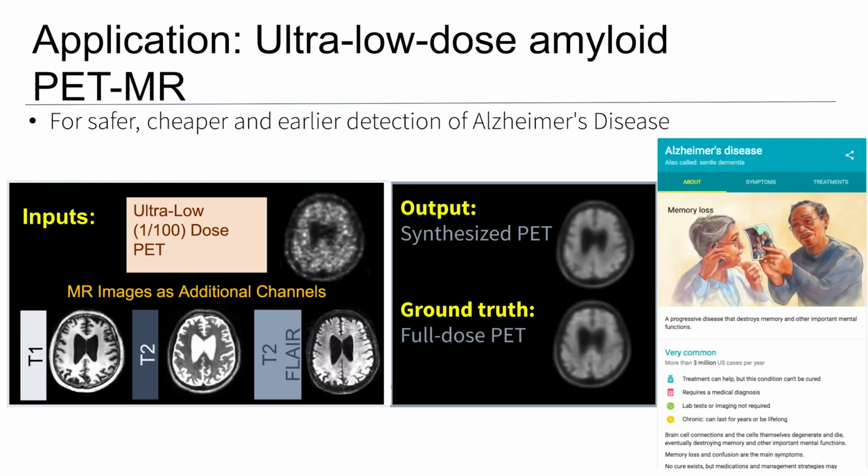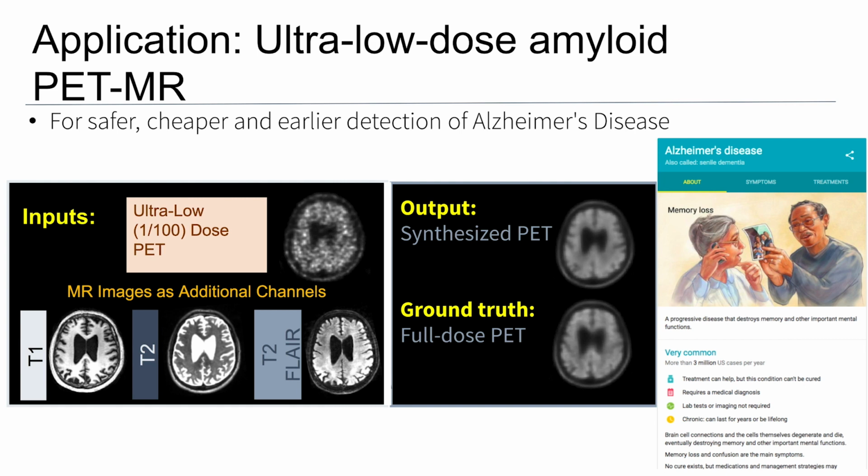So you show this can be used for oncology applications in the body. What other applications can you use ultradose or deep learning for? Yes, there are a lot of potential applications. We have shown some examples for oncology applications. Here we show it can also be used for the detection of Alzheimer's disease. Alzheimer's disease is a chronic progressive condition, and here is an example for ultra-low dose amyloid PET.